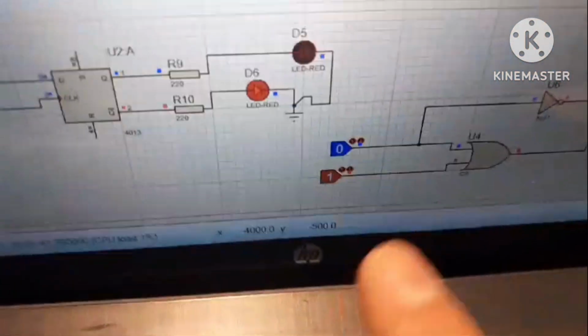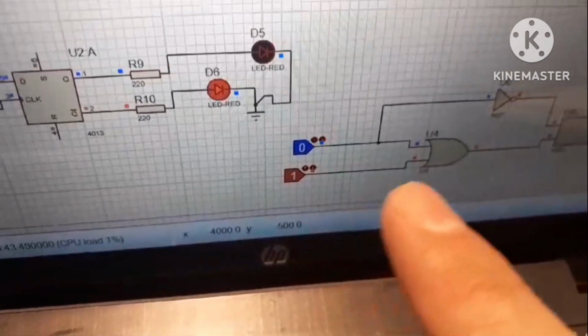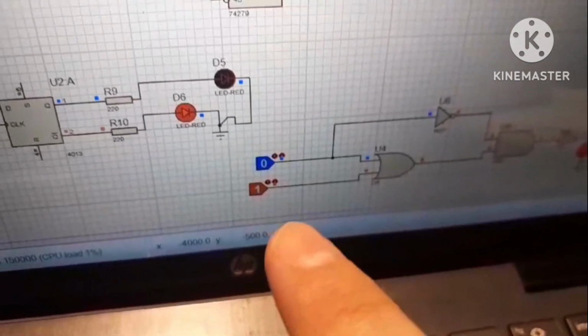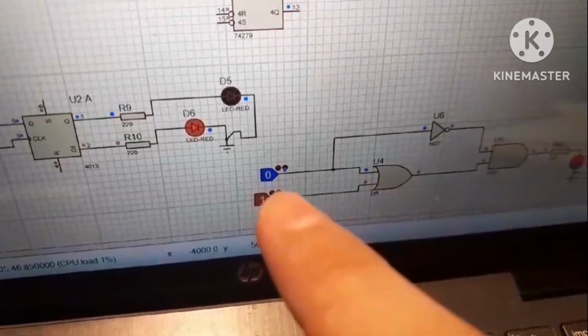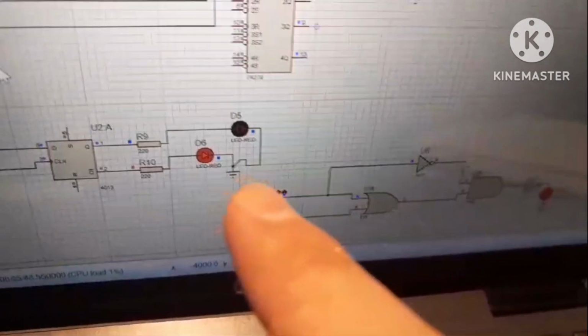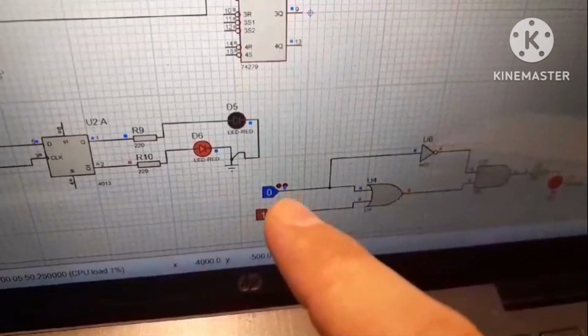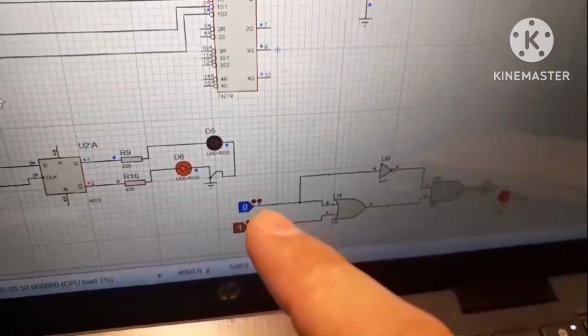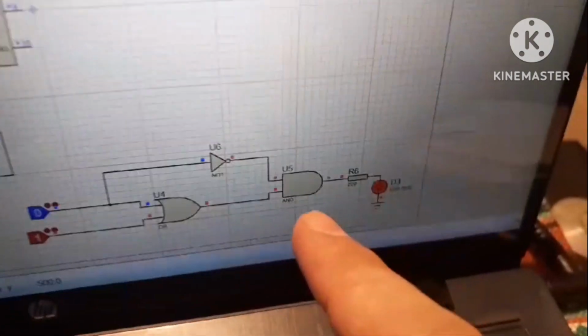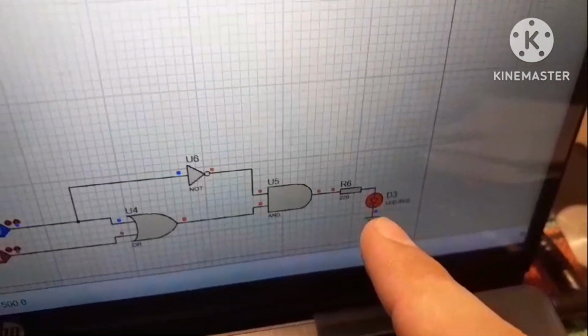We're going to check that. This one is my clock. My clock is activated, and my T in this case, this switch, is off, and we have that the LED is on.